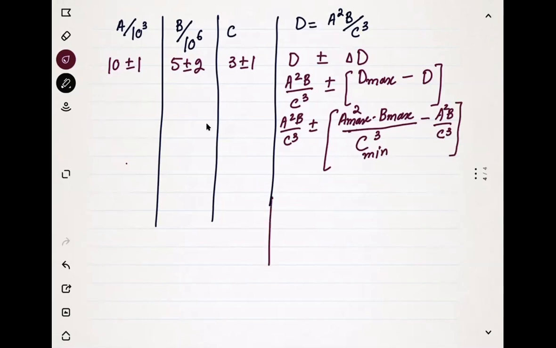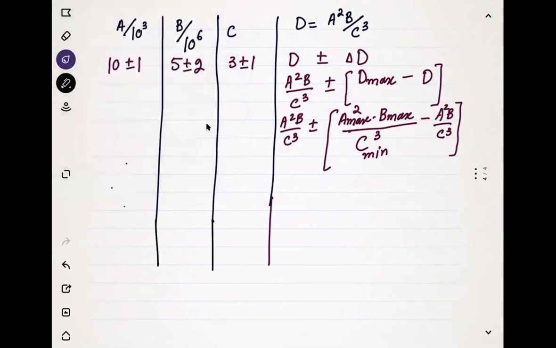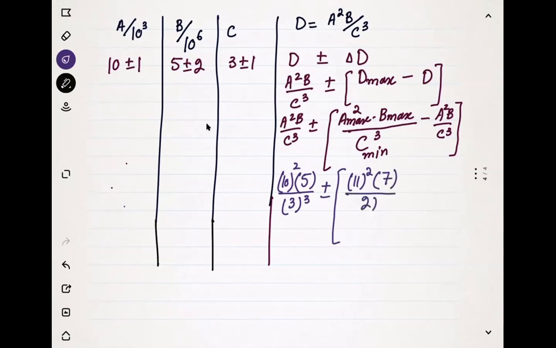Now if we substitute the values, it would be 10 square into 5 over 3 cube plus minus, A maximum is 11 square, B maximum is 7, and C minimum cube is 2 cube, minus 10 square into 5 over 3 cube.